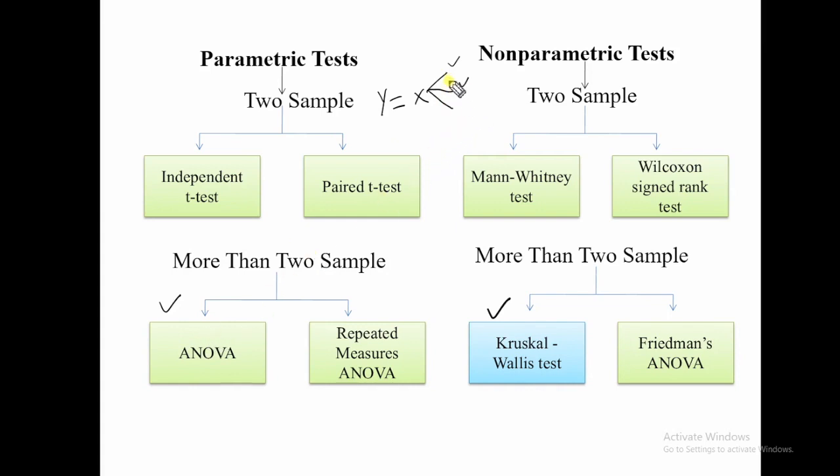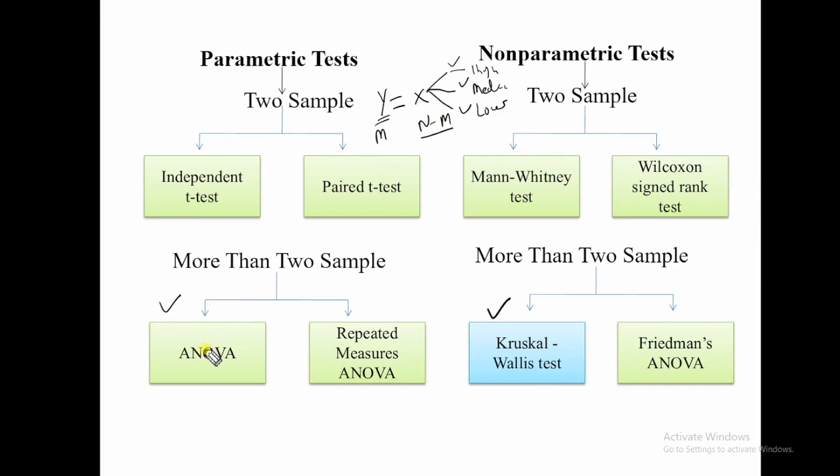Here we have 3 levels, which may be high dose, medium dose and low dose. There are 3 categories, and this Y, the dependent variable, is in metric form, and the independent variable is in non-metric form.